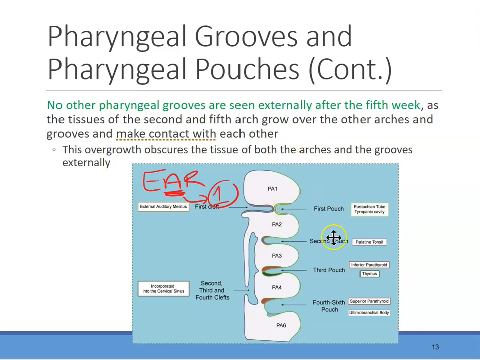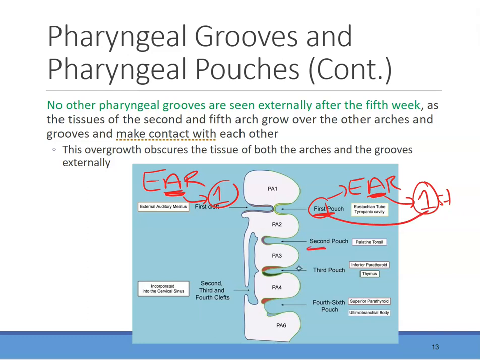Let's look at the first pouch. Again, the first pouch is to do with the ear because it makes structures which are part of the ear, like the eardrum, for example, the tube in the ear. Again, the ear has the letter A, which is the first letter in the alphabet, and it's the first arch. That's how you can remember this. What about the second one?